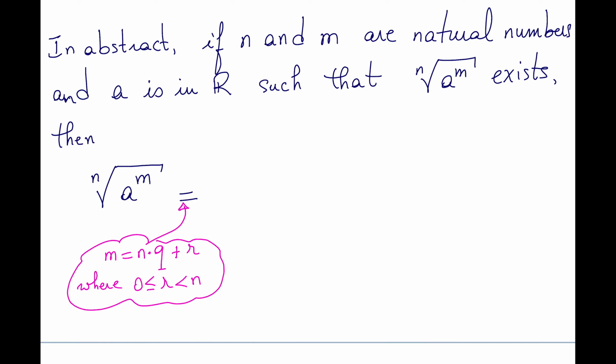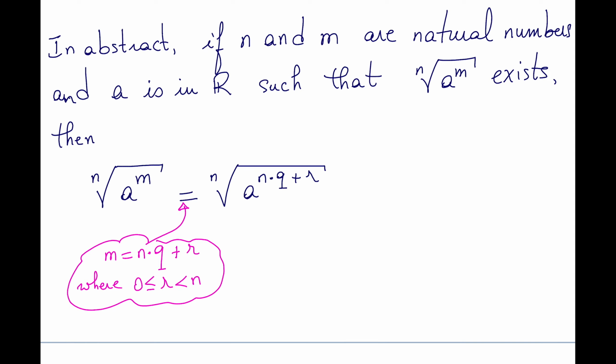Correct? So this is the long division. For example, I'll give an example at the end. Then we can rewrite the m as the writing you see in pink. So we get a to power n times q plus r, right?